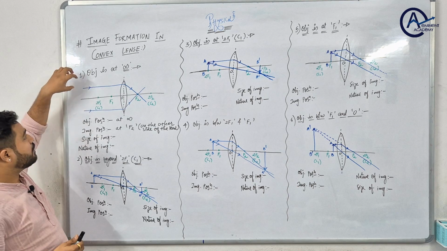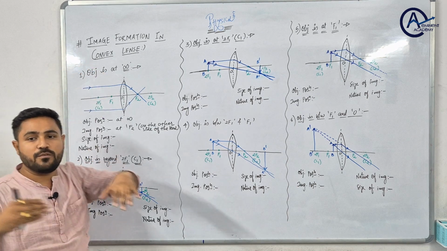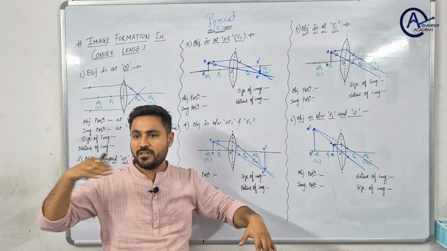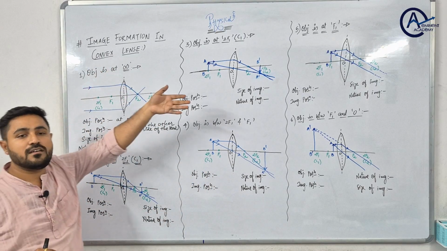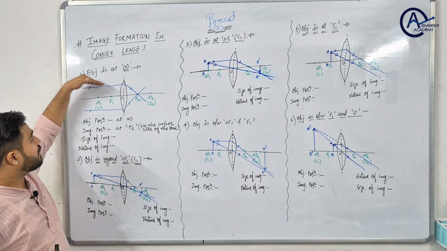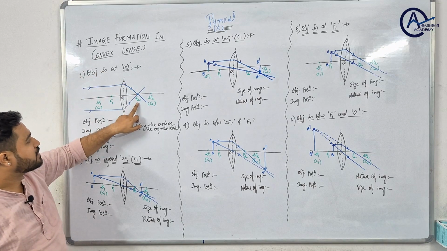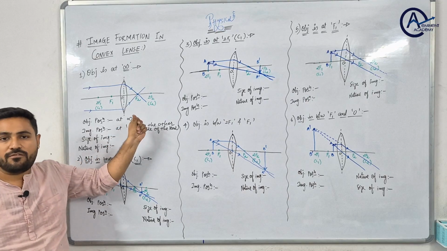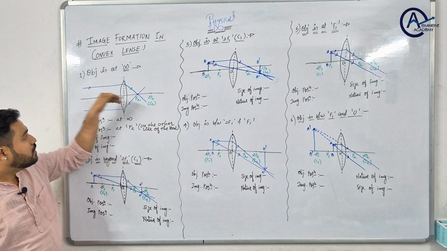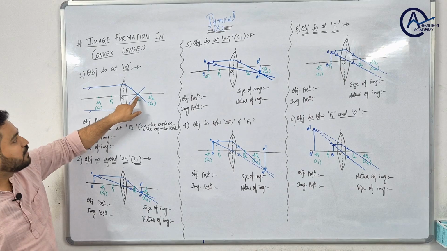If rays are coming from a very large distance, they seem to be parallel to the principal axis. We have discussed in the rule that if the rays are parallel to the principal axis, after refraction they will converge and meet at the principal focus f2. So all the rays after refraction will meet here.